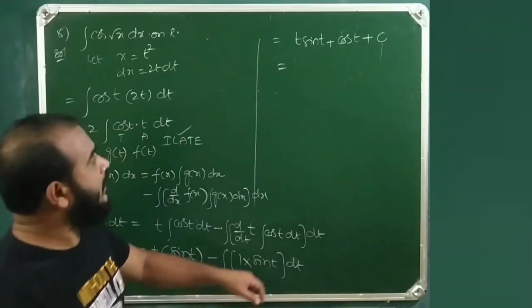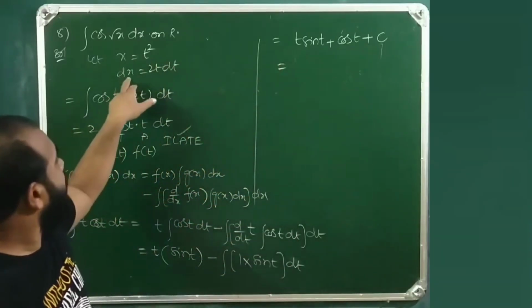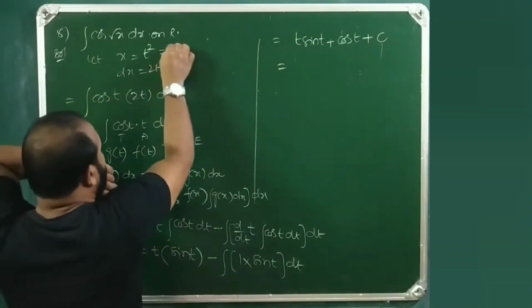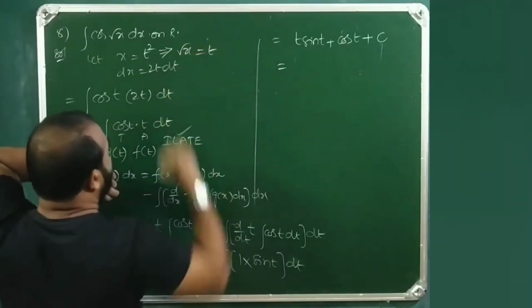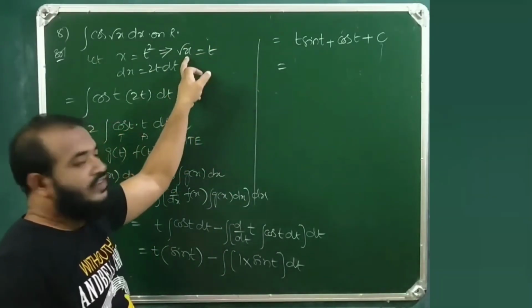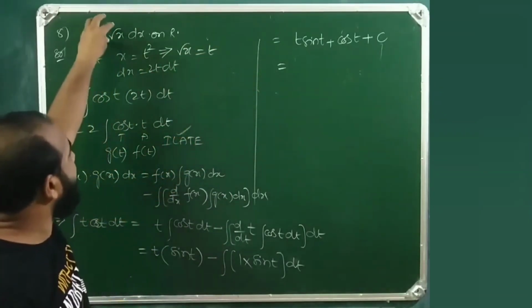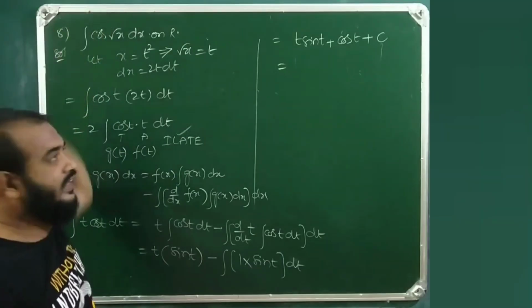So let us replace back. Since x is equal to t square, root x is equal to t. So t is to be replaced by root x since the given integral is in terms of x.